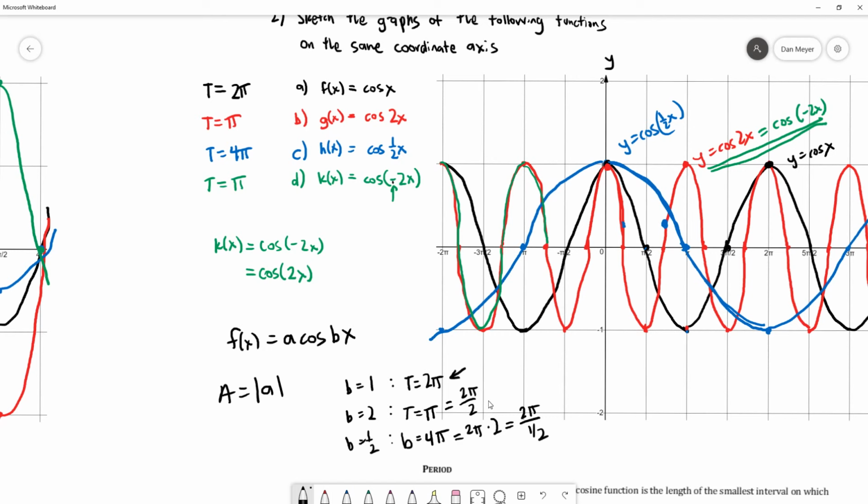So your initial good guess would be that the period would be 2 pi divided by whatever that b value is. But once again, we have to take the negative case into consideration and do the absolute value of b. So that's how you can find the period here.